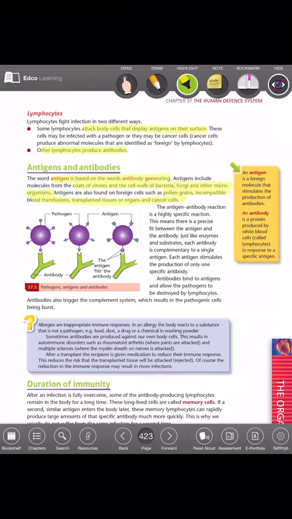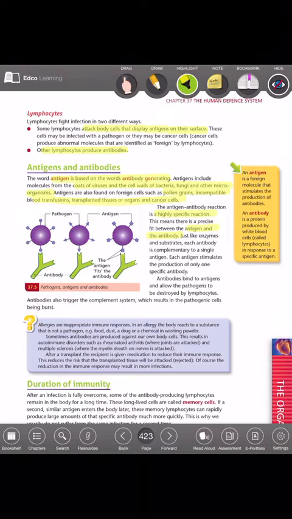So the antigen-antibody reaction is a highly specific reaction. So it's very much like the enzyme-substrate complex. You know how only a specific type of enzyme will work with a specific type of substrate? It is very much like that. Okay, so this means that there is a precise fit between the antigen and the antibody.